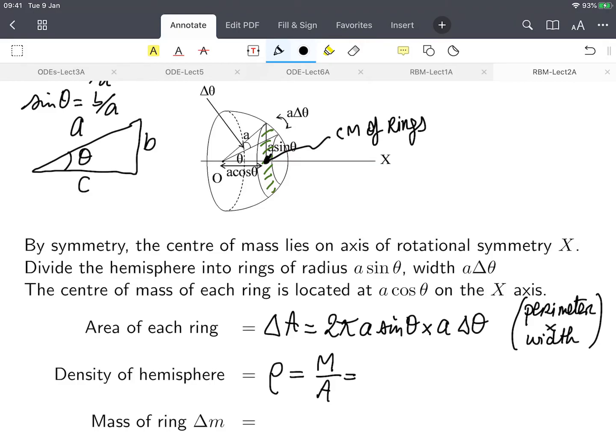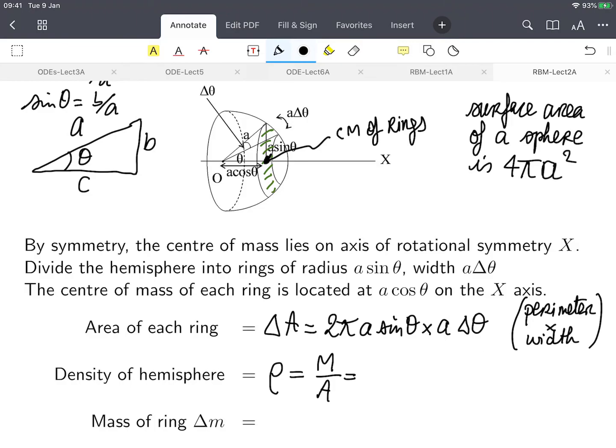What's the area of a hemisphere? Surface area of a sphere is, that's in the book, remember? It's in early pages of the book. So it's going to be 4 pi r, well, in this case it's A squared.